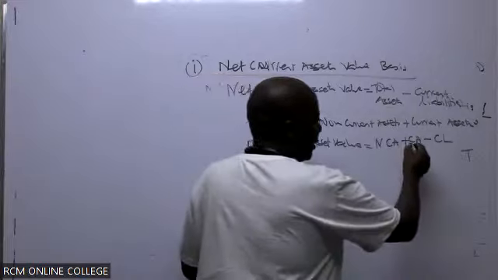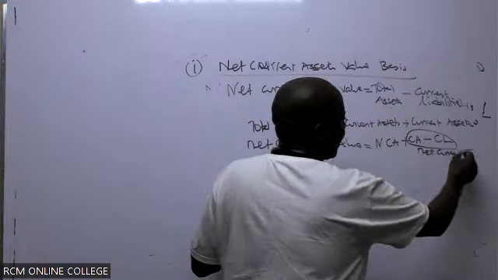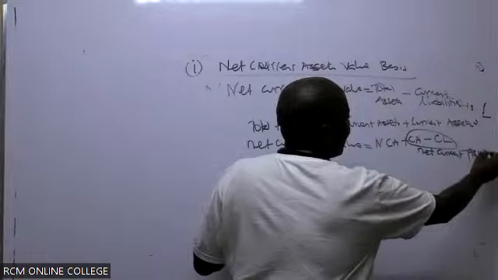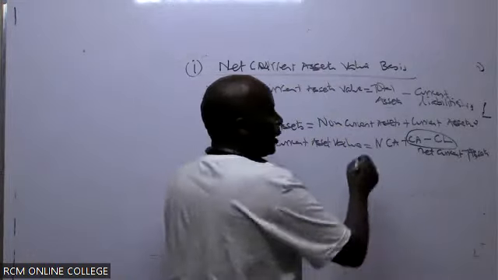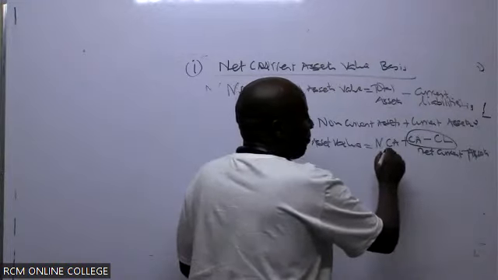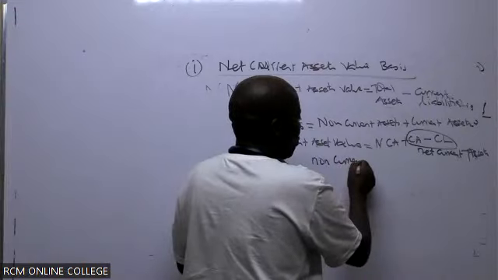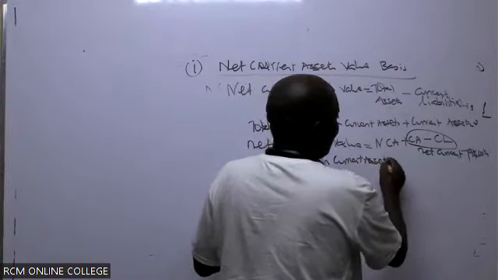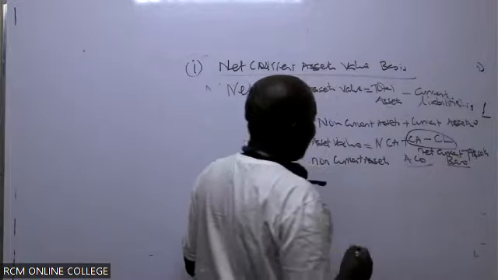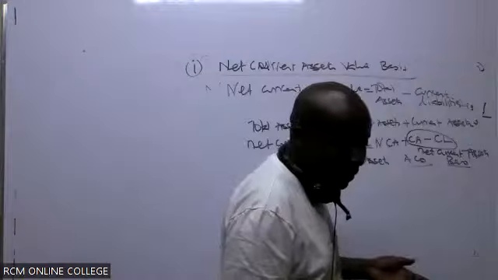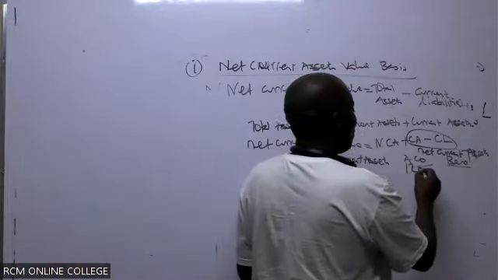But this is what they are calling net current assets. If you look at the statement of financial position, they have given us non-current assets for ACO, 12,200, and for Bero, 3,500.